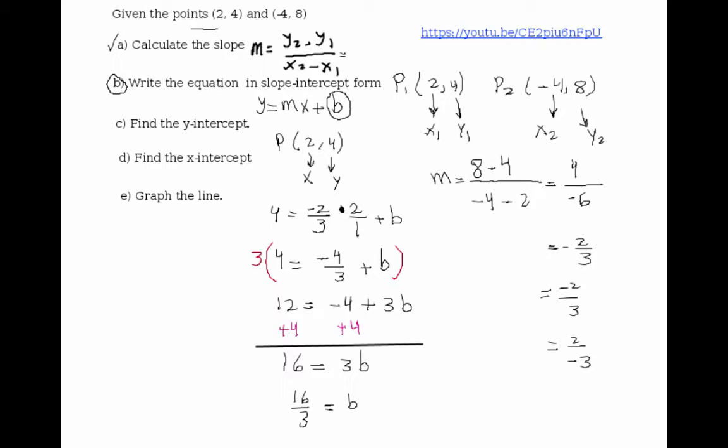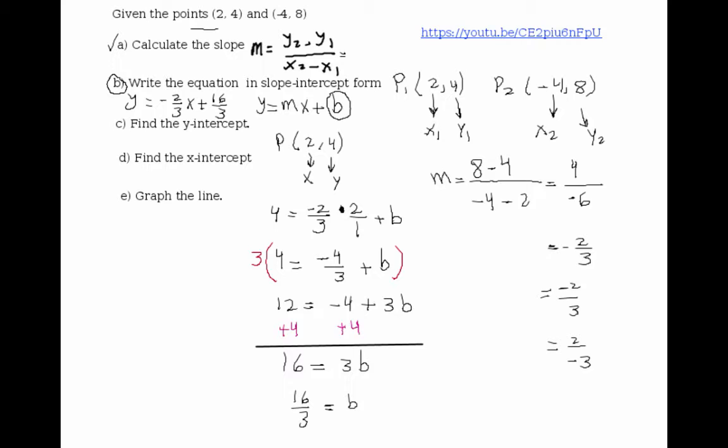You get b is equal to 16 over 3. Very good. So that's one way to find b. Now once I find b, I'm done. To write the equation of the line, I would write y is equal to minus 2 over 3 x plus b. Now I know b is 16 over 3.